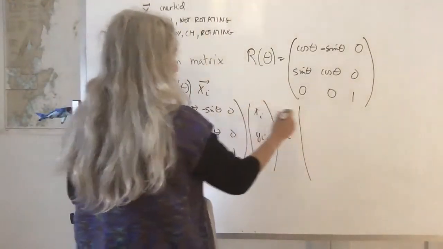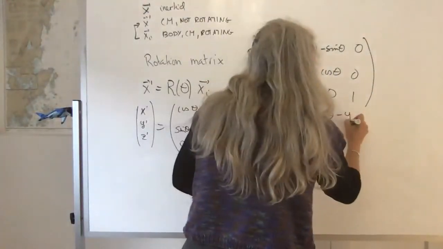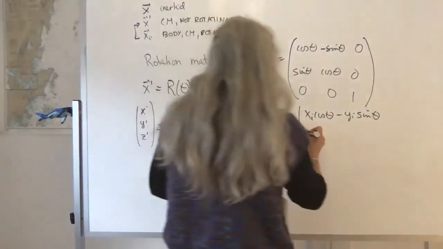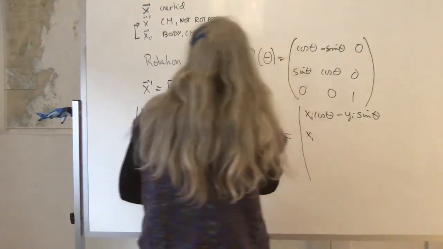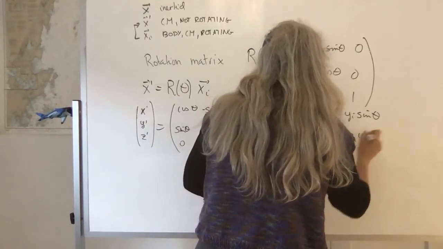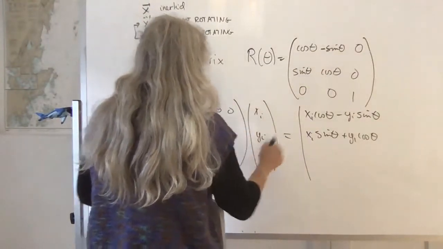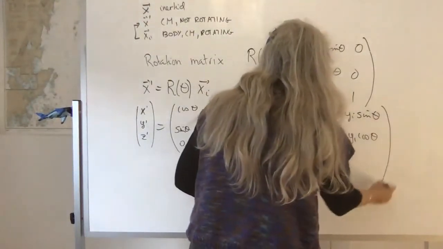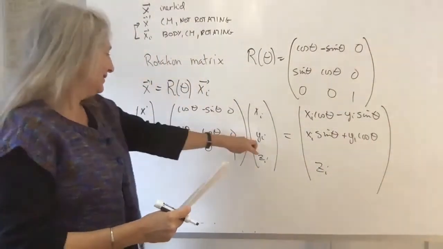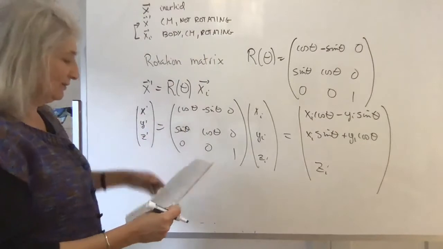So this is xi cosine theta minus yi sine theta, and then we have xi sine theta plus yi cosine theta. And then this one, I have 0, 0, 1, so z doesn't change.